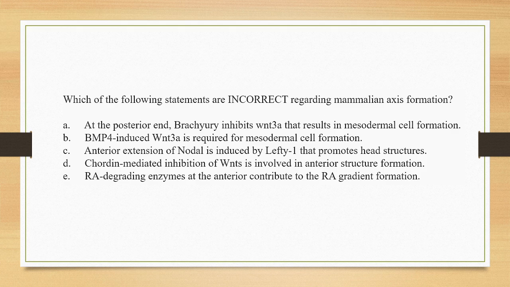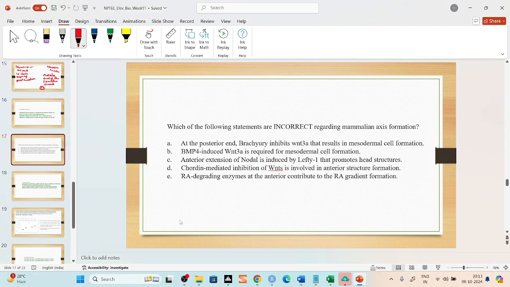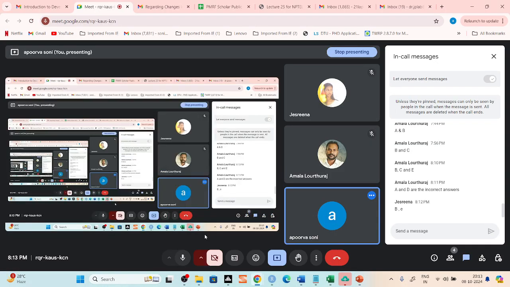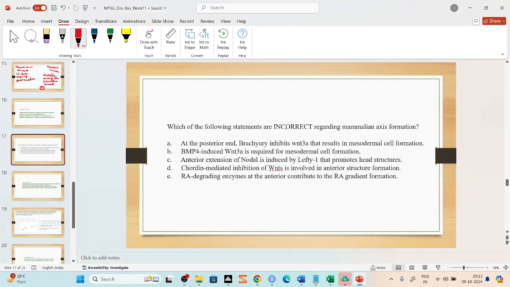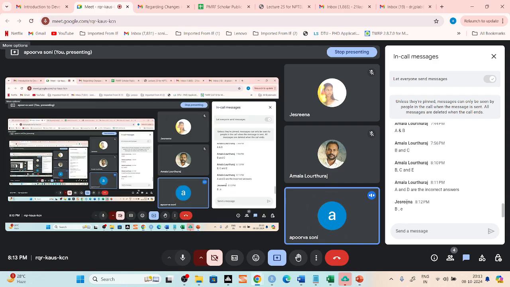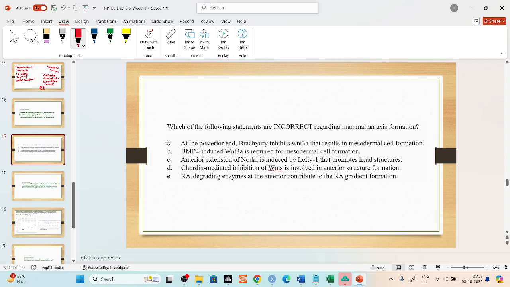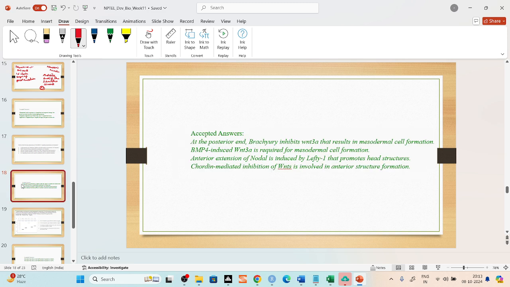Okay, let's see. Amla has answered A and D are the incorrect answers, and Jasrina has answered B and E. So they are asking for the incorrect ones. So A and D, and B and E. So see, these are the incorrect options.